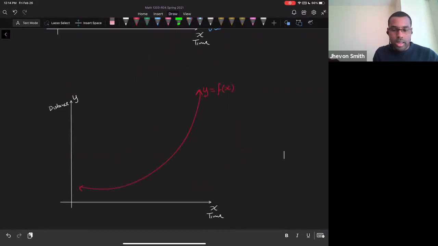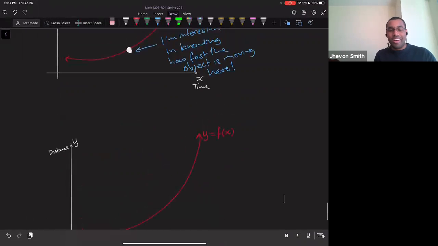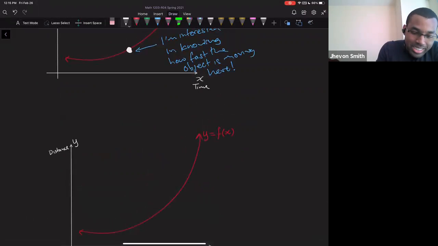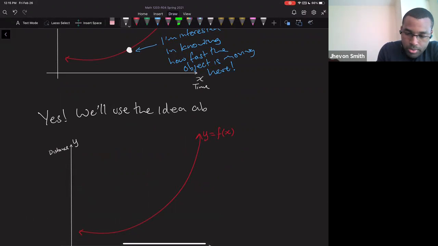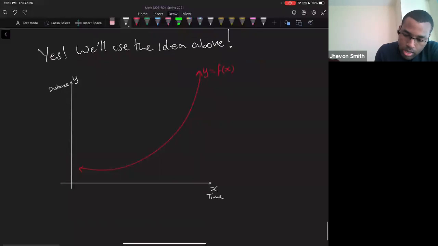The question is, can we generalize this? The answer is actually yes, otherwise we wouldn't be here. So we'll use the idea above. What is that idea? Well, the idea that slope measures speed. So to find the speed at this point, what we need is the slope at this point.